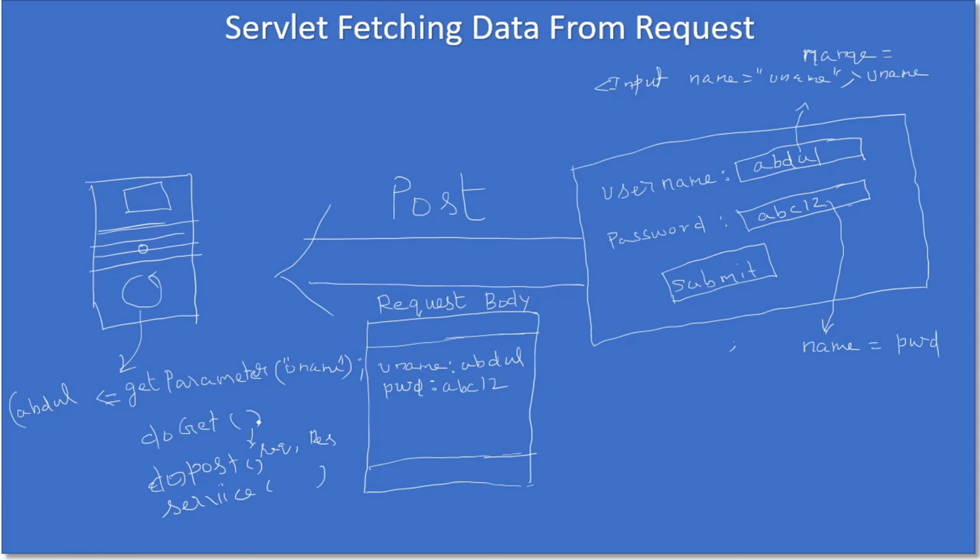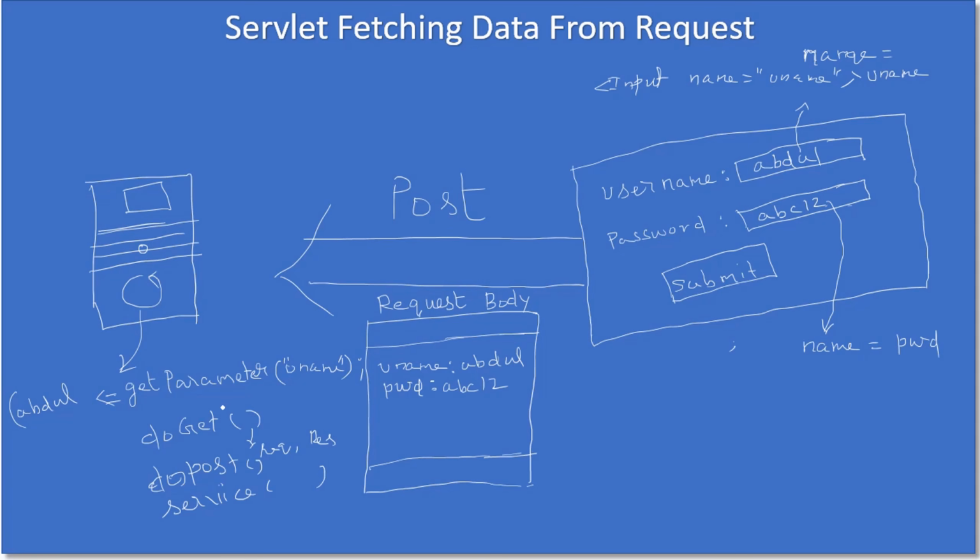Using the request object, we make a call to getParameter, and we get the form field data using the control name. That will return the value entered in that particular control.